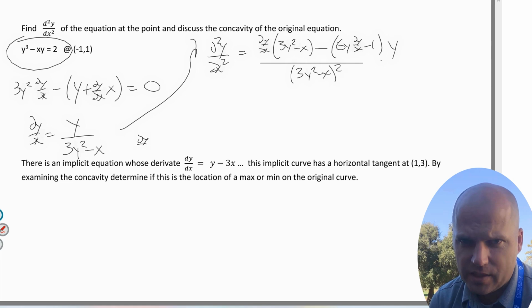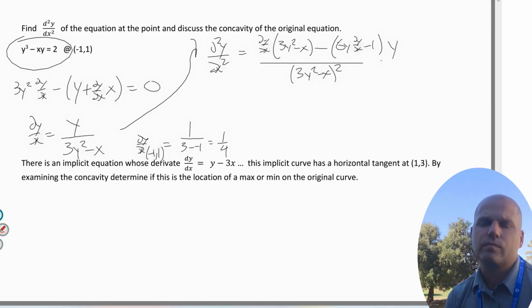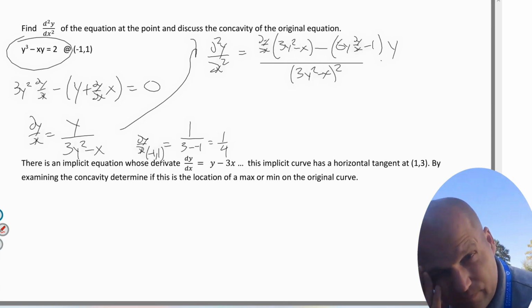dy/dx at (-1, 1) is 1 over 3 minus -1, which is 1/4. Great.